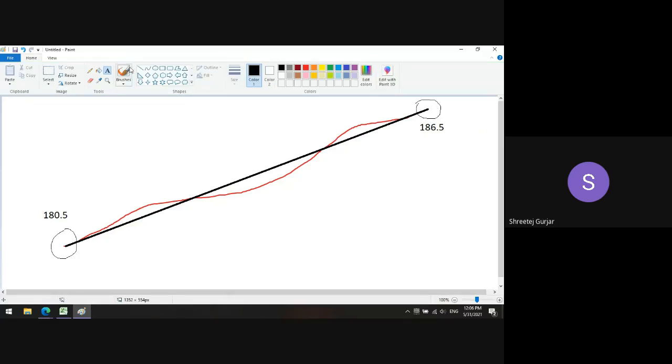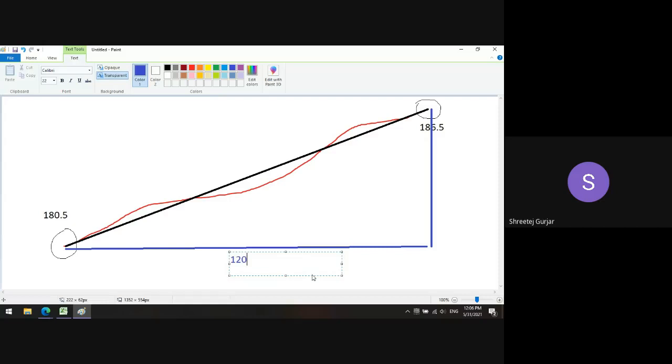Now we need to find out the slope. What is this distance? We need to find out this distance so that we will be able to find out your slope. So these are end chainages, so this will be how much? This will be 120 meters.